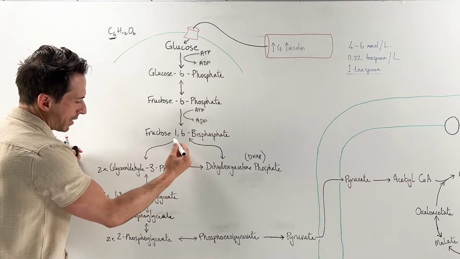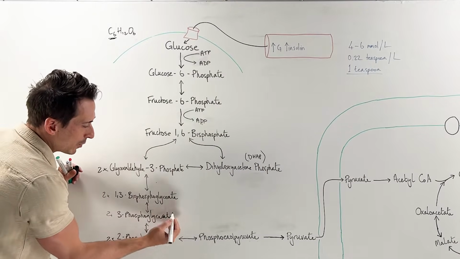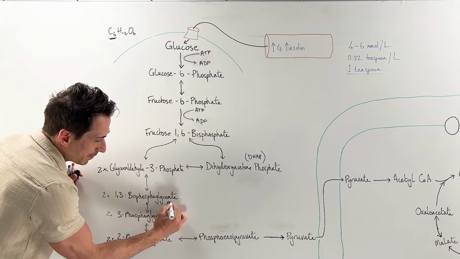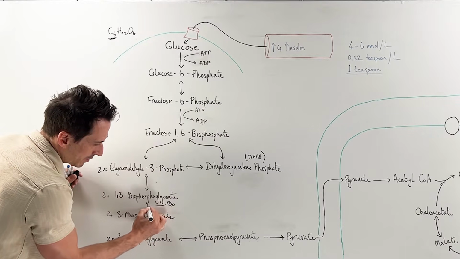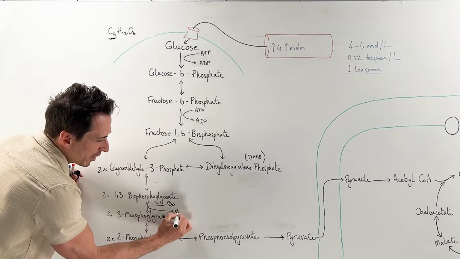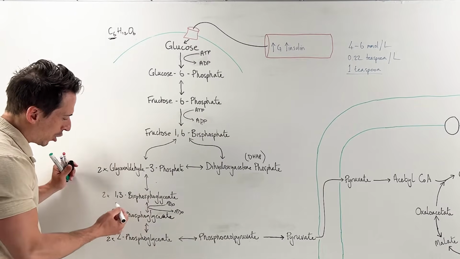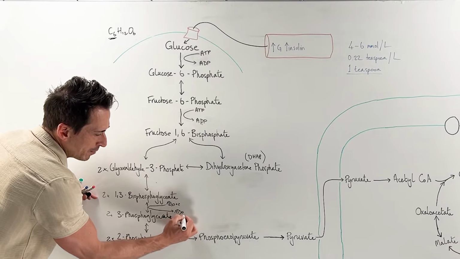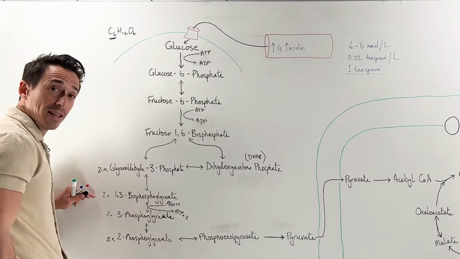Then we go down to here, down to here, down to here, and we take ADP and we generate energy. We generate ATP. But remember, we've got 2 molecules here, so we end up taking 2 ADP and generating 2 ATP.